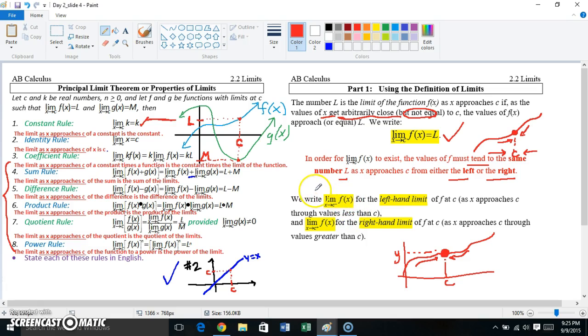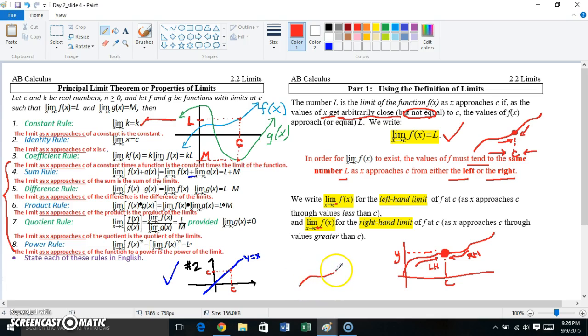So we designate the left-hand limit by saying x approaches c from the left with a little negative sign above the c. All right, that indicates the left-hand limit. And we indicate the right-hand limit with a little positive sign. So as x approaches c from the right-hand side. All right, so this would be my right-hand side and my left-hand side. And the limit is approaching the same thing.